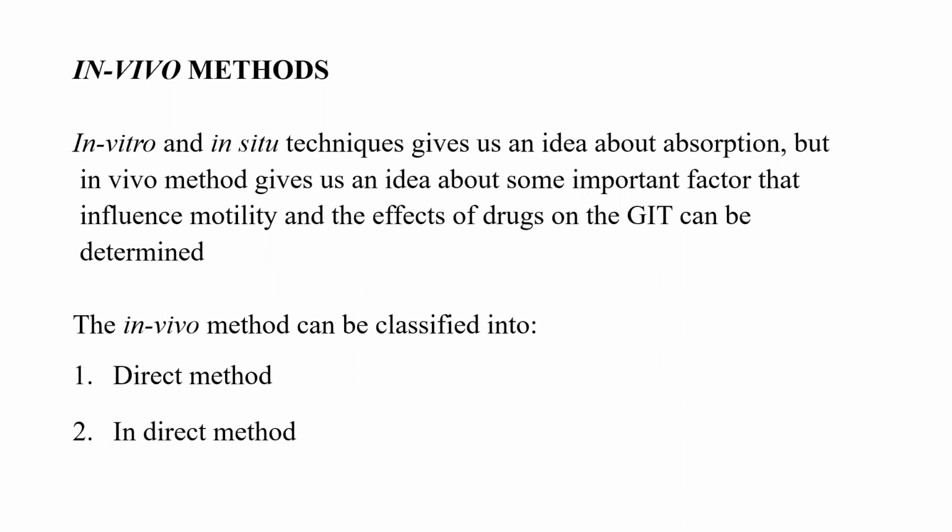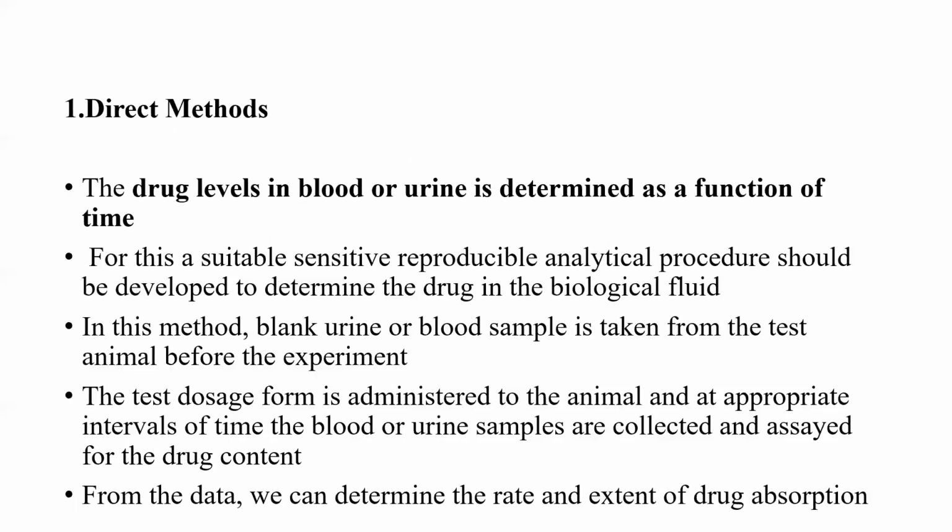In the direct method, the drug levels in the blood or urine are determined as a function of time. For this, a suitable, sensitive, reproducible analytical procedure should be developed to determine the drug in the biological fluid. A blank urine or blood sample is taken from the test animal before the experiment, and then the test dosage form is administered, and at appropriate intervals of time, blood or urine samples are collected.